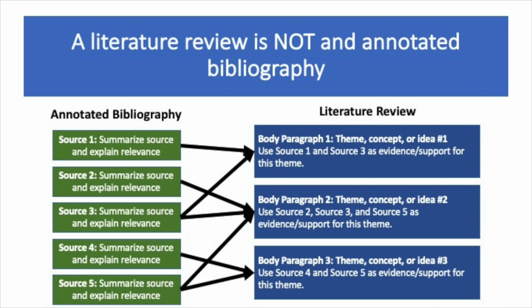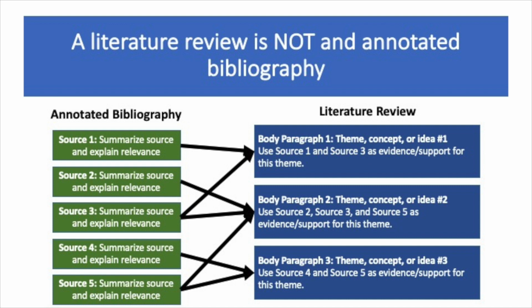So an annotated bibliography is organized by source, right? A literature review should be organized by theme, concept, or idea. So let's say we take an annotated bibliography with 5 sources and we convert it into a literature review.